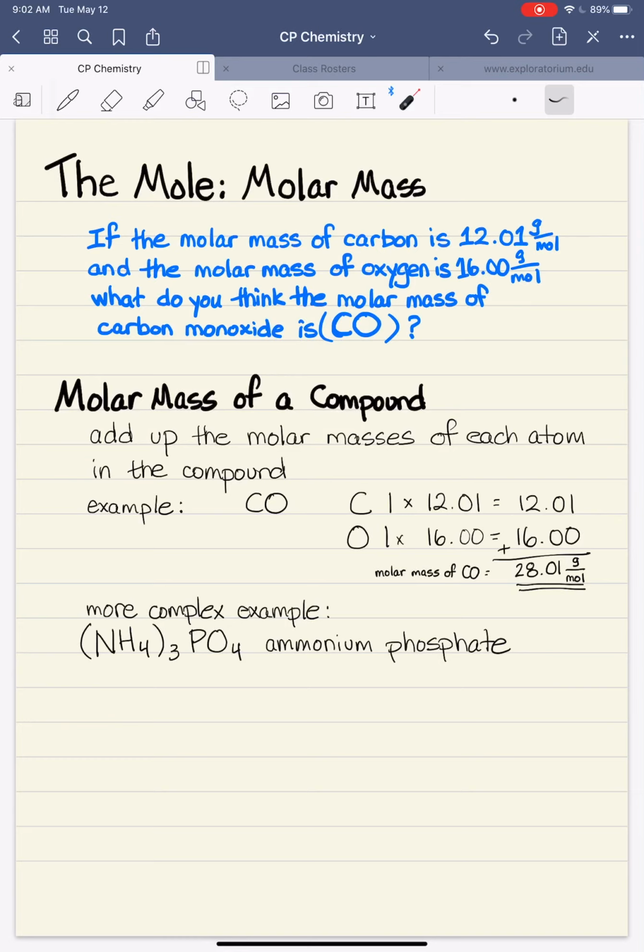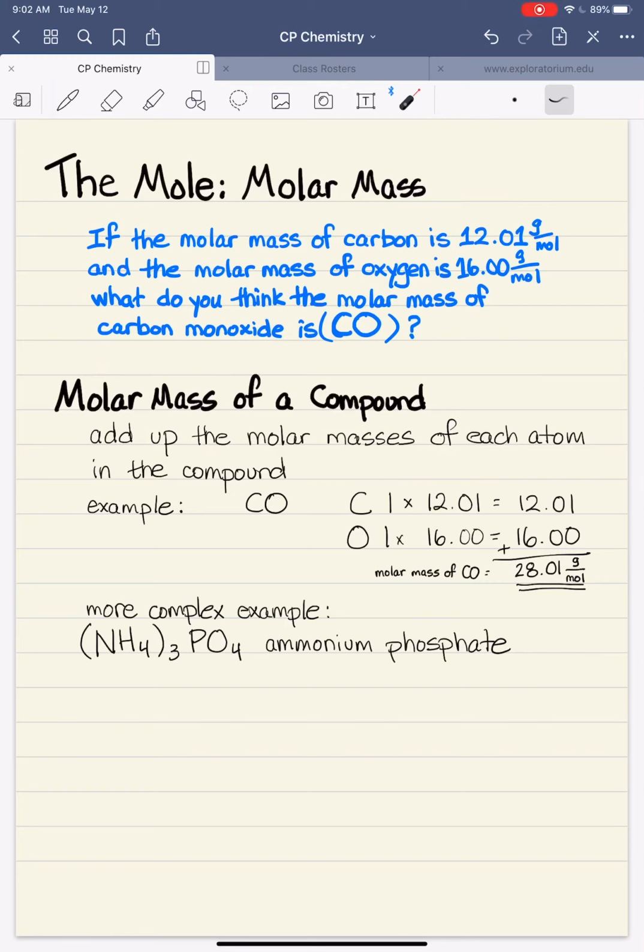For example, let's take a look at CO, carbon monoxide, our example from above. Carbon monoxide has 1 carbon. It has a molar mass of 12.01 grams per mole. 1 times 12.01 equals 12.01. There is 1 oxygen in carbon monoxide.